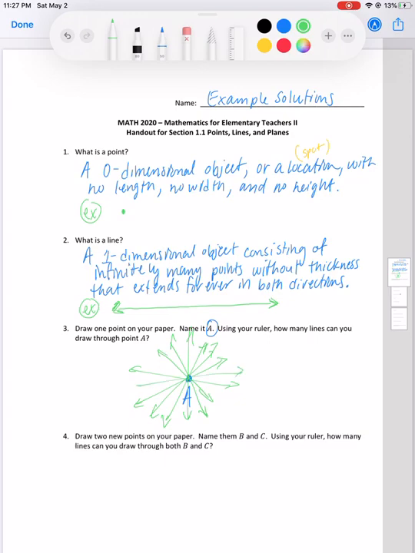Notice that we can just keep going forever, because I can draw another one in the middle of each one. And so we can conclude that you can draw an infinite amount of lines through point A.